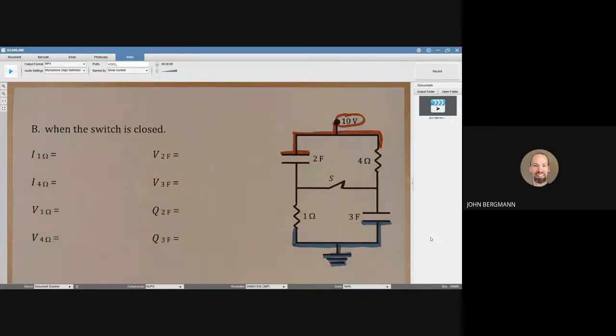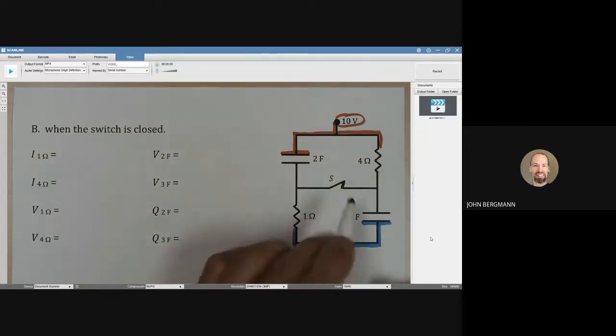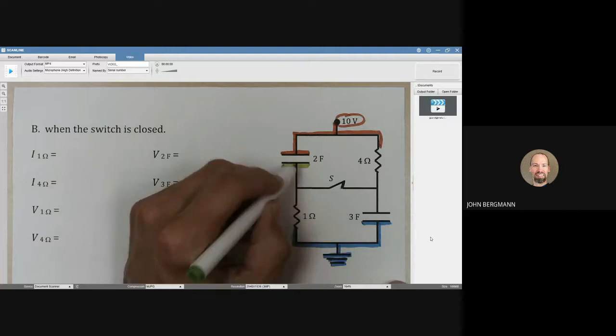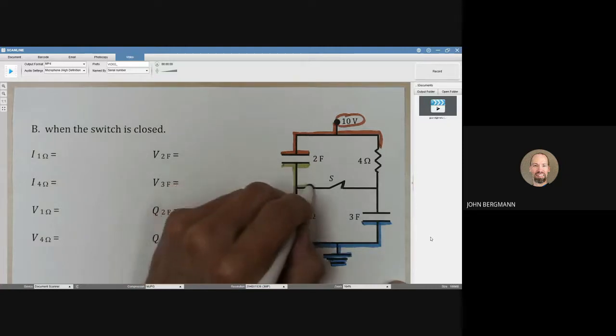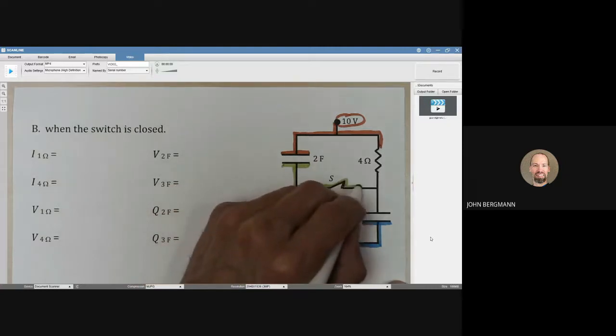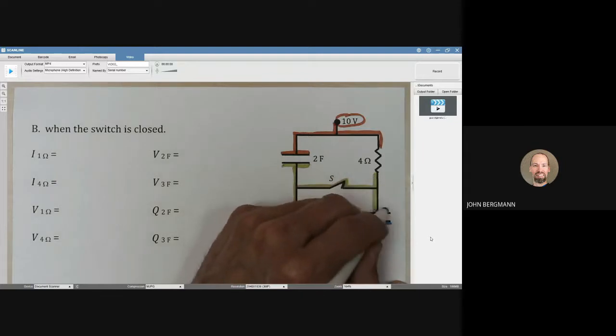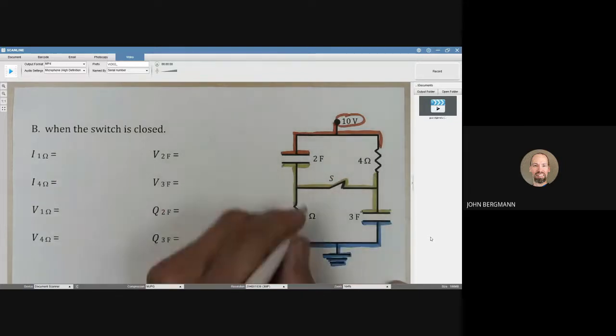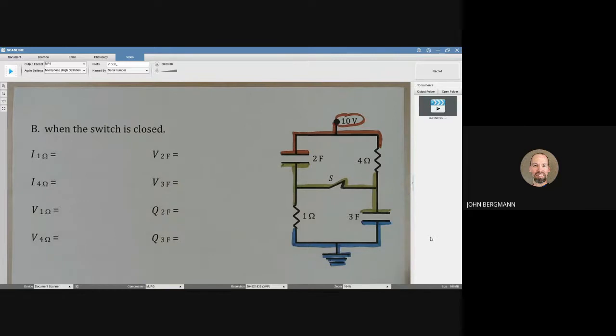Well, here there will be only one different color in that center section. When that switch is closed, all of this has to have the same electrical pressure. So this whole region right here has one value of voltage, which we don't know what it is quite yet, but we do know that this bottom blue part is 0 volts and the top part is 10.